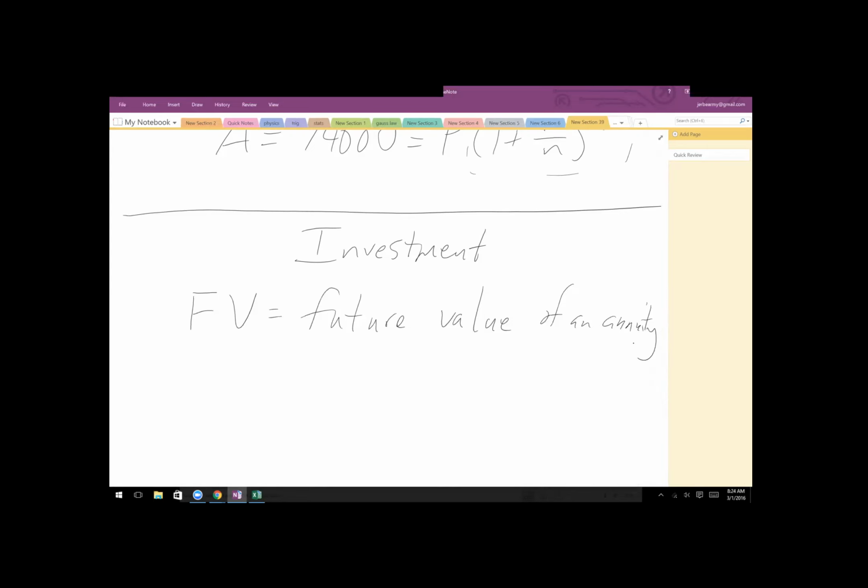With an annuity, you make a payment every month or something. So the money you put in at the beginning gets compounded the whole time, your next one gets compounded almost the whole time, and you just keep adding to it. So if you know what you're putting into an annuity and you want to know how much it's going to be worth 30 years from now, you use this.